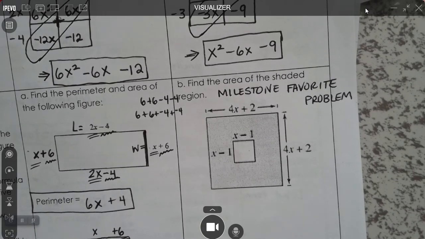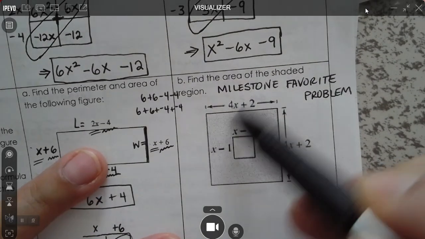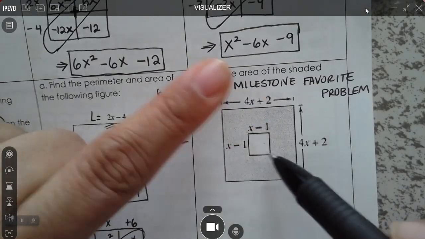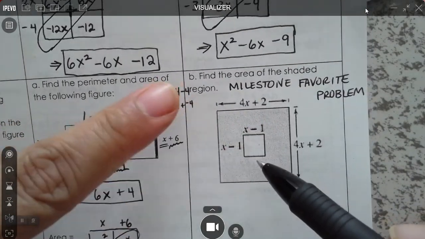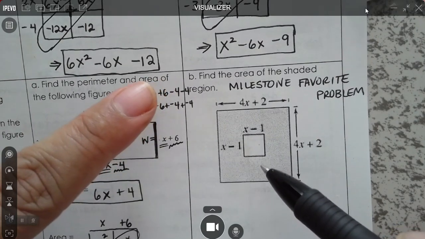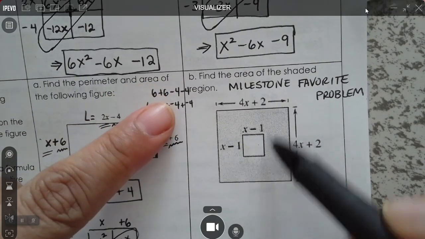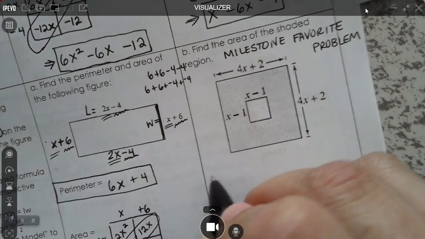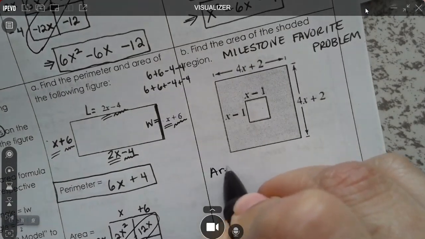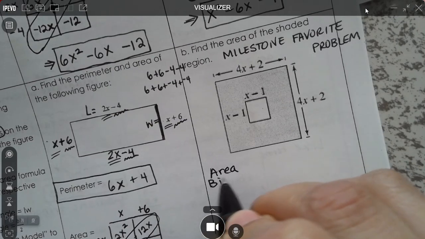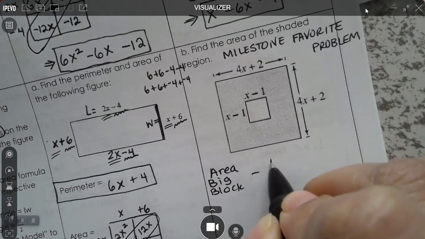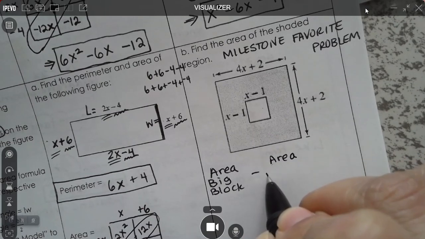So the technique for doing this is you're going to calculate the area of the entire big block, and then we're going to subtract the area of the white block. Clear? That's going to give us only the shaded area. So it's going to be the area of the big block minus the area of the inside block.